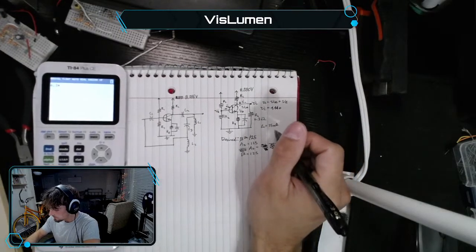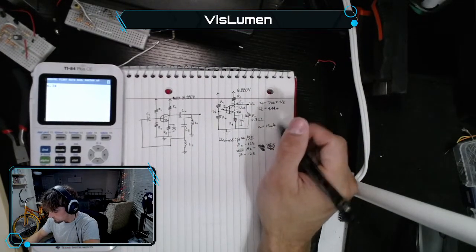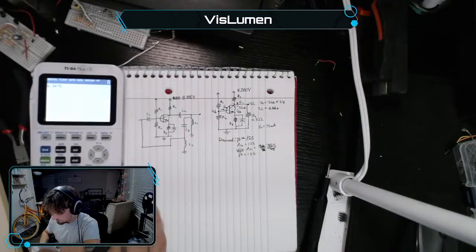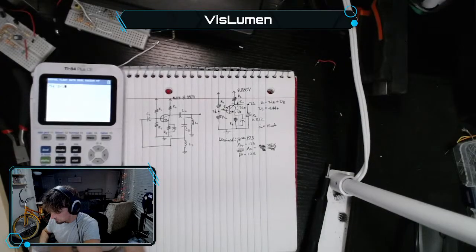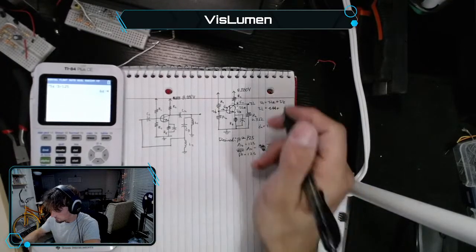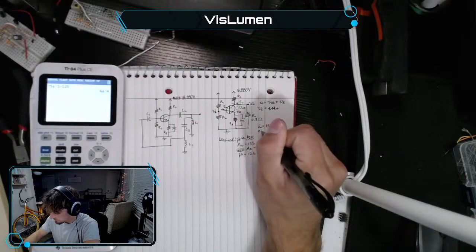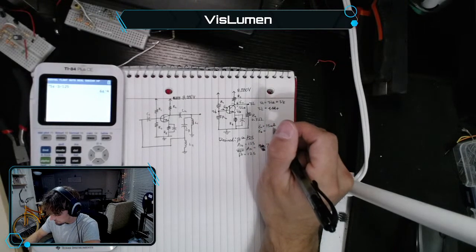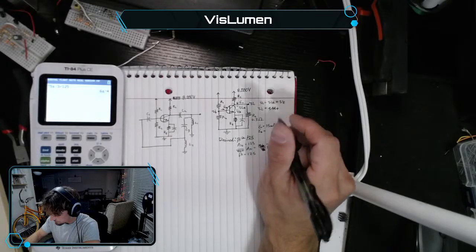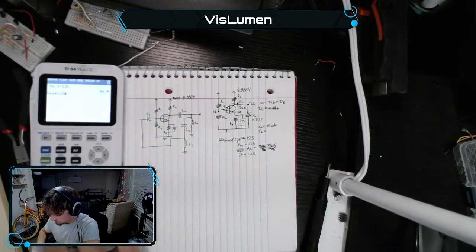So 75 milliamps, 75e to the negative 3 divided by 125 equals IB equals... okay.